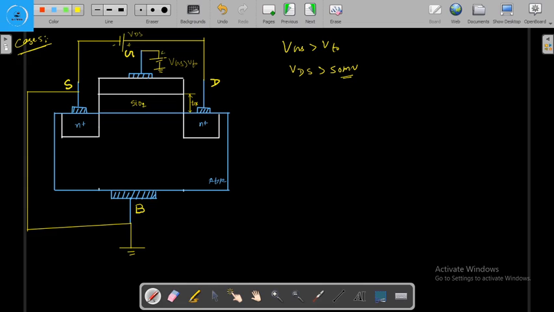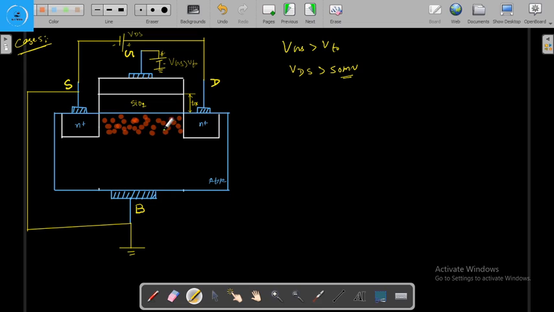Now we are increasing the drain voltage by a large amount. As we have seen, VGS is greater than VT naught, so a large amount of electrons, or the channel, has been created. When VGS is greater than VT naught, the channel is created already. Let's make it an N type channel, or N channel.